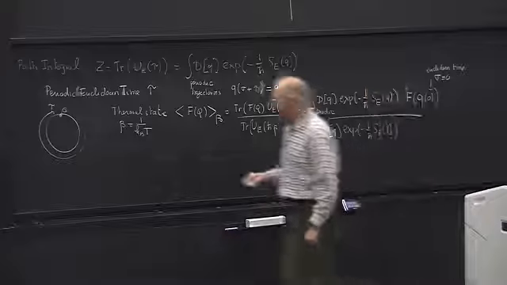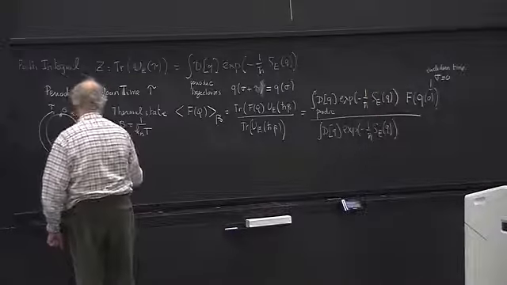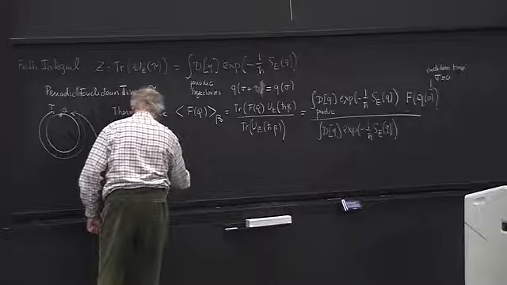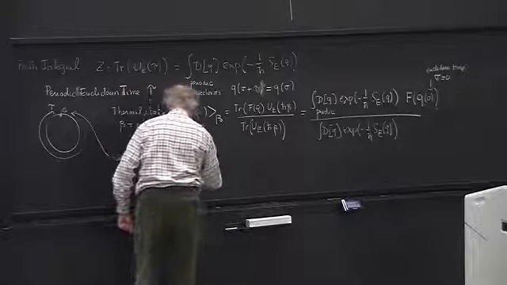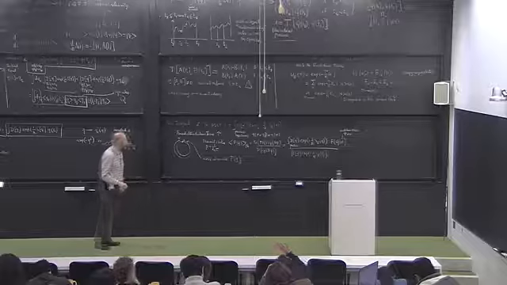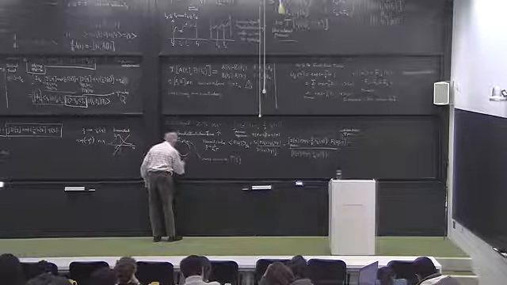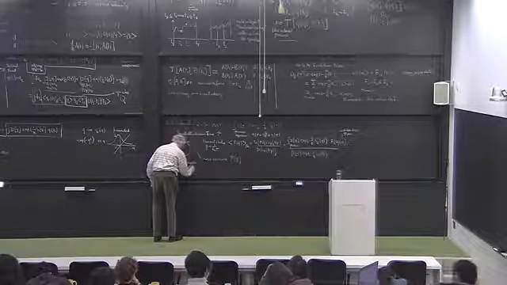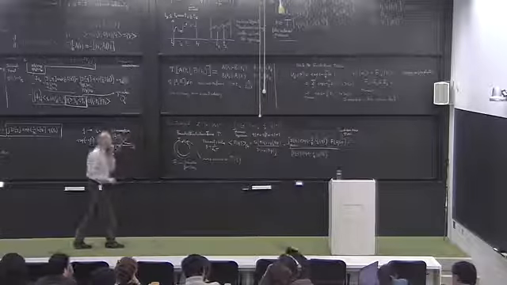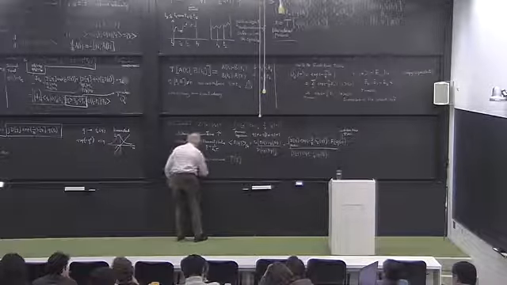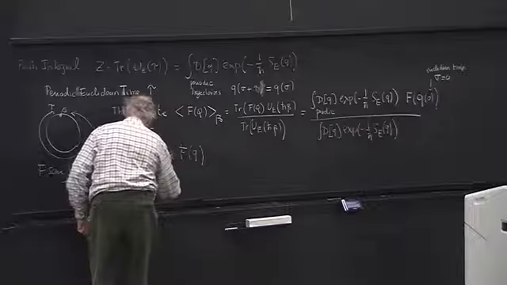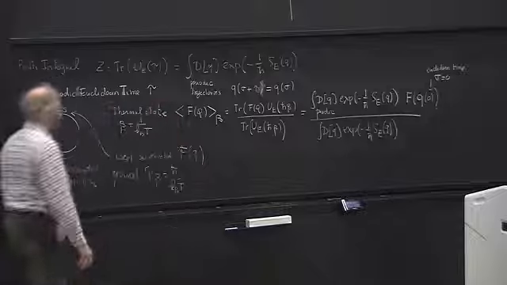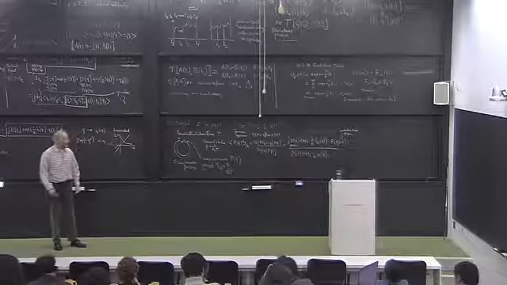So we just insert the observable f of q, where f is some bounded function, and the period is tau equals beta, h bar over kB times the temperature.